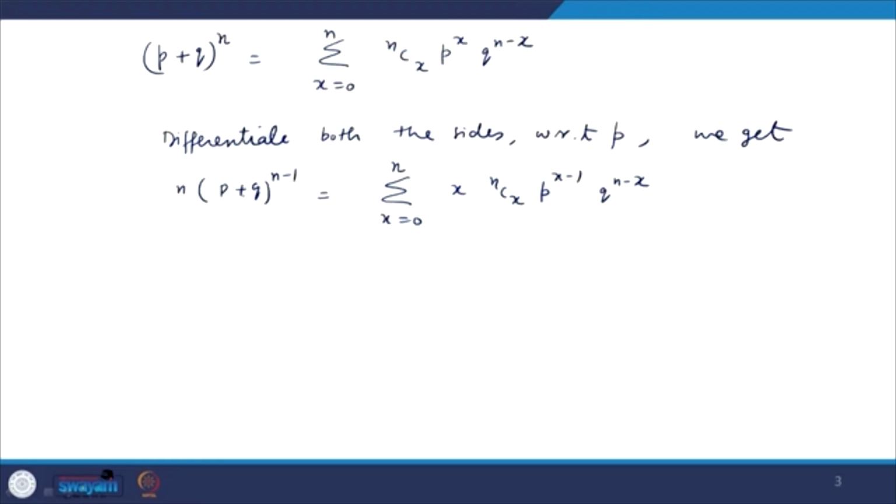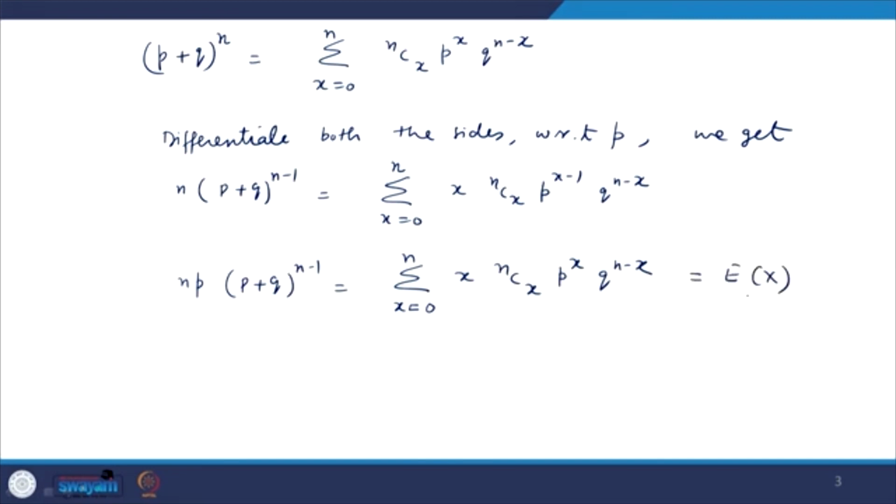So, you multiply both sides by p. If you multiply both sides by p, it will be np into (p plus q) whole raised to power n minus 1 equal to summation x from 0 to n x nCx p raised to power x q raised to power n minus x. So, this is nothing but expectation of x, and this value is nothing but np because p plus q is 1.